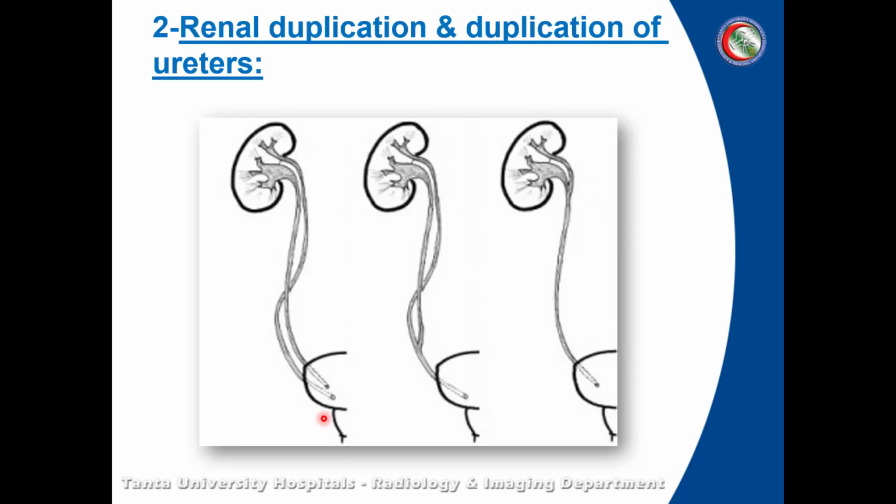Another congenital anomaly is renal duplication and duplication of the ureter. What is meant by renal duplication?